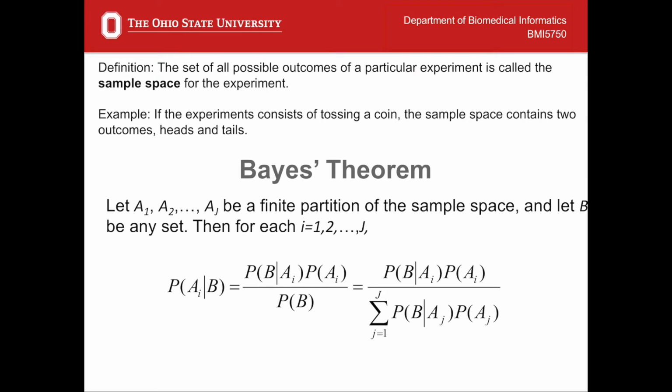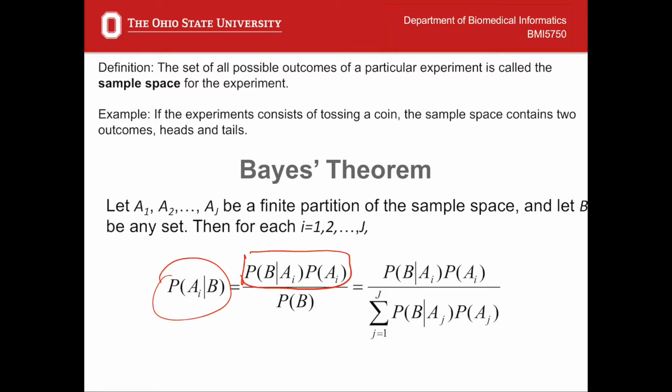Since we have this definition, I want to introduce Bayes' theorem. Let A1 to AJ be a finite partition of the sample space, and let B be any set. Then for each I equals 1, 2 to J, we have the conditional probability P(AI given B) equals this.